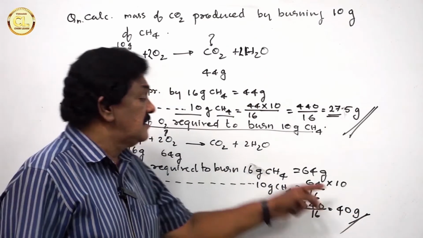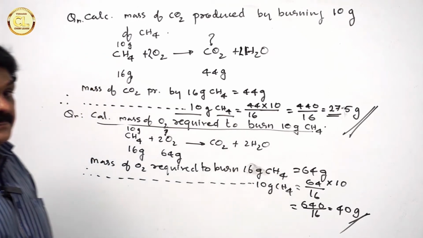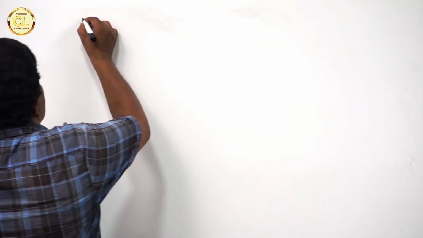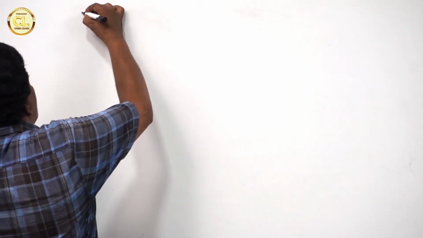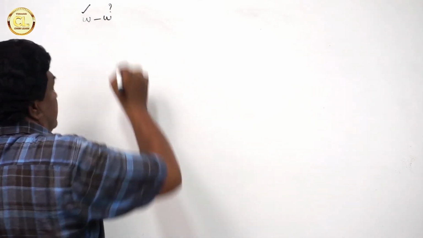So, it can be done as follows. In stoichiometry, there are 3 relationships. First, mass-mass. Second, mass-volume, and third, volume-volume. In the mass relationship, the mass of one substance may be given and we are asked to find the mass of the other.